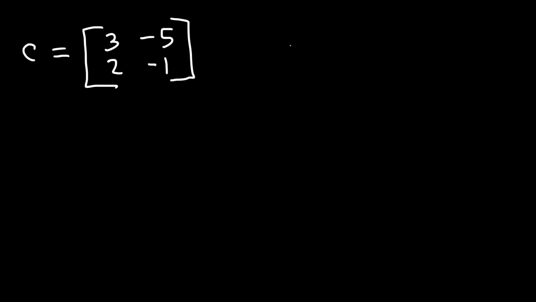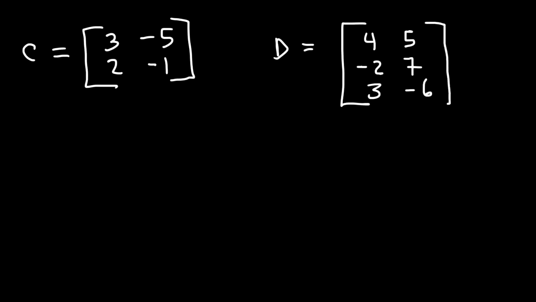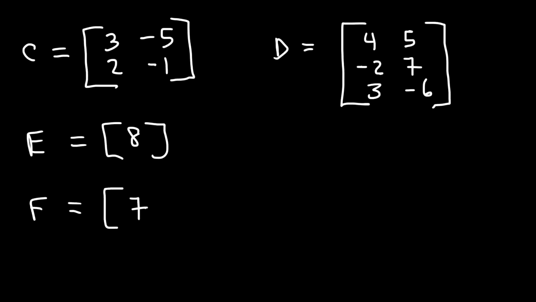And then we have matrix D, which contains the elements 4, 5, -2, 7, 3, and -6. And then we have matrix E, which contains one number, which is 8, matrix F is going to have 7, 4, -5, and 11.